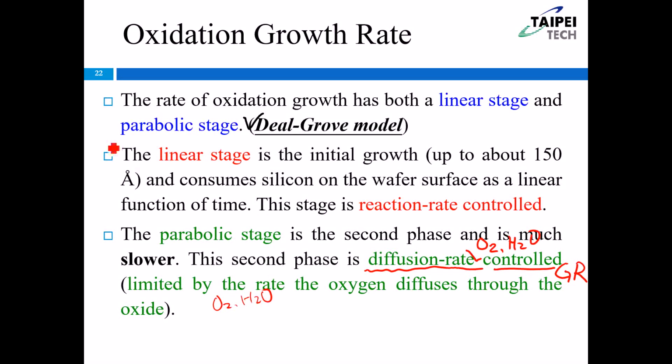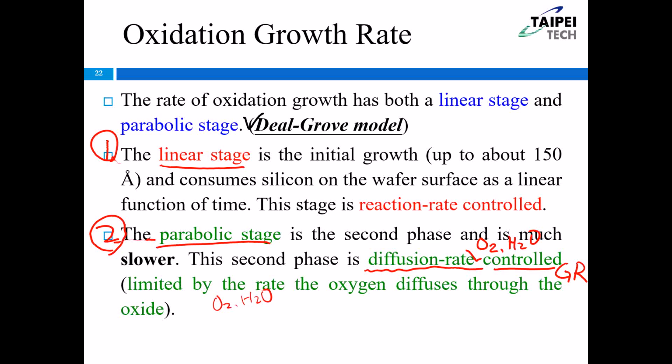The linear stage is the first stage. The parabolic stage is the second stage. For the second stage, which diffusion rate? The diffusion rate of oxygen and water can control the growth rate of the silicon dioxide.